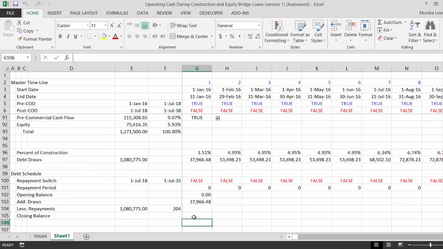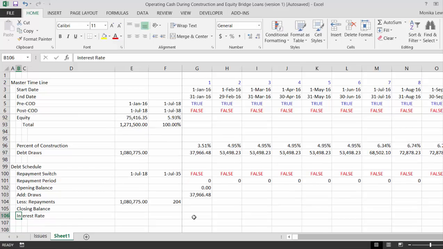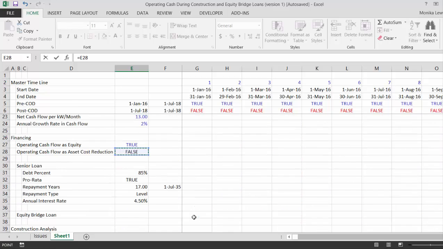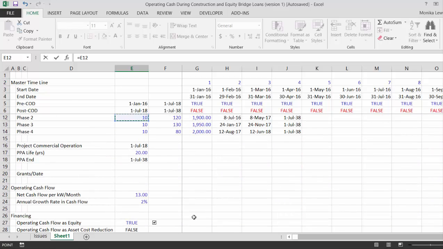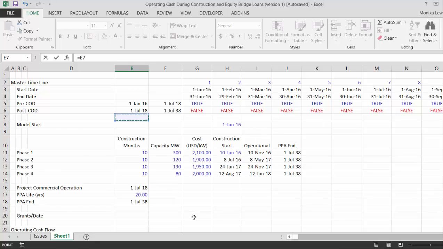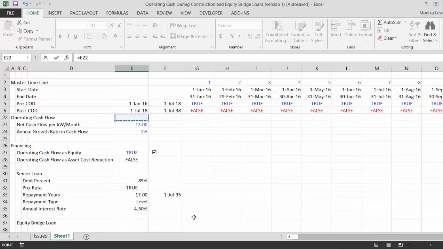And let's put our interest rate. And that interest rate is just an annual number. Well, let's take the annual number and divide that by 12.